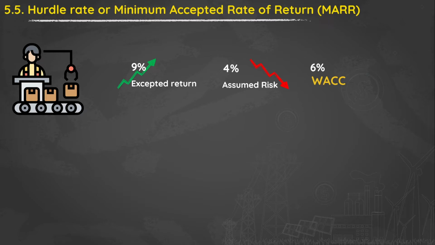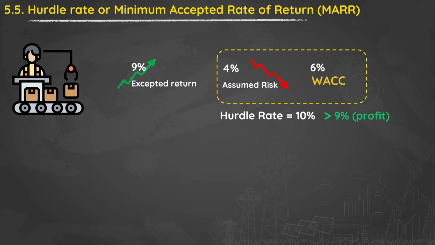First thing, they are going to add this 6% to 4%, the risk plus WACC together, and this is going to be 10%, and this is the hurdle rate. And since the expected return of 9% is less than the hurdle rate, that means buying this machine won't be profitable and different alternatives should be considered.